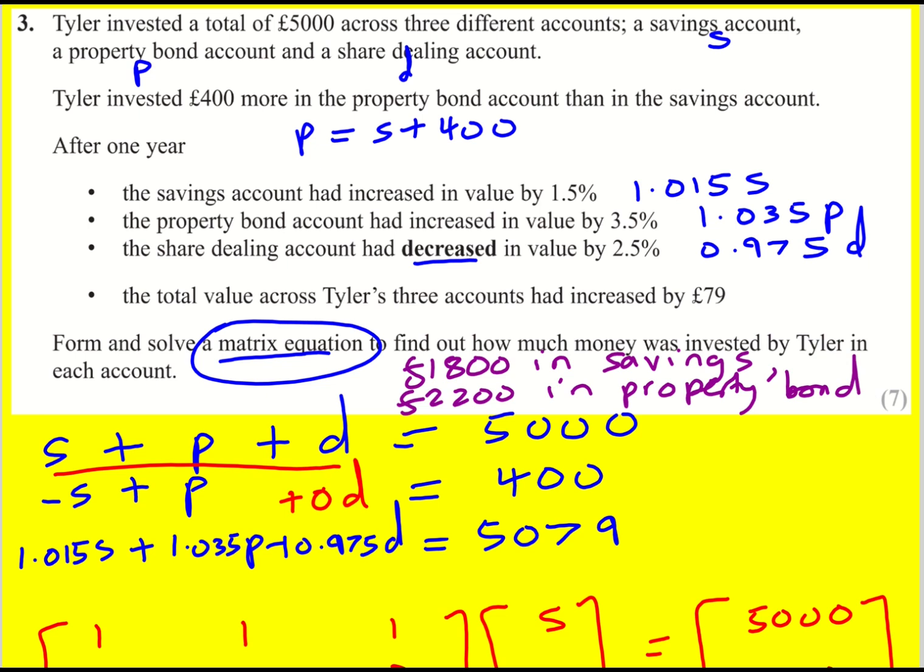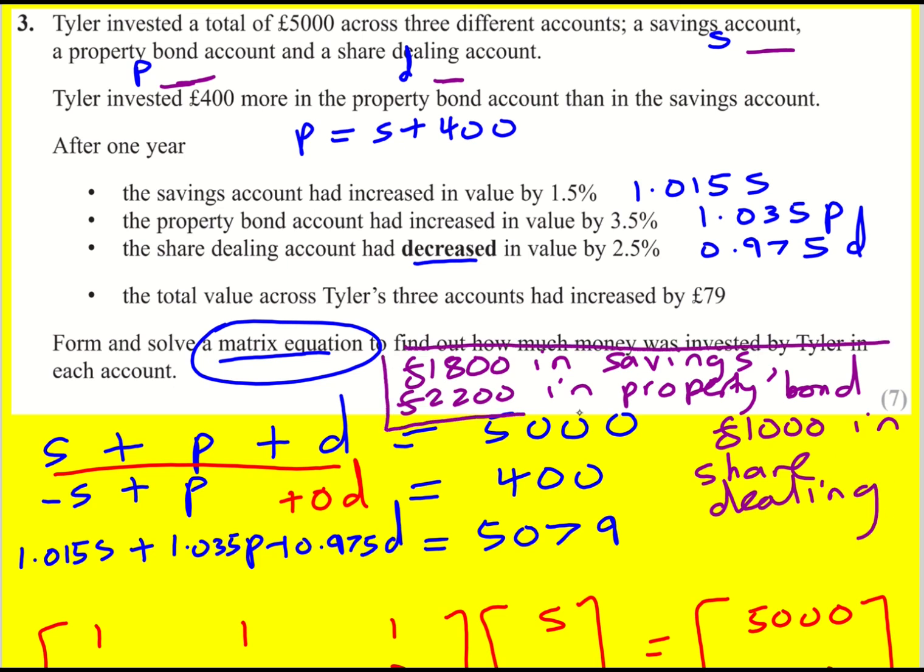I think to be fair, I'd be all right as long as I defined what these were earlier, but let's just be extra safe. So 1,000 in share dealing. Okay, really nice application of matrices here. Well done.